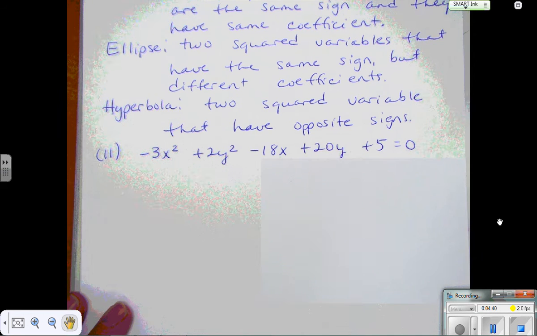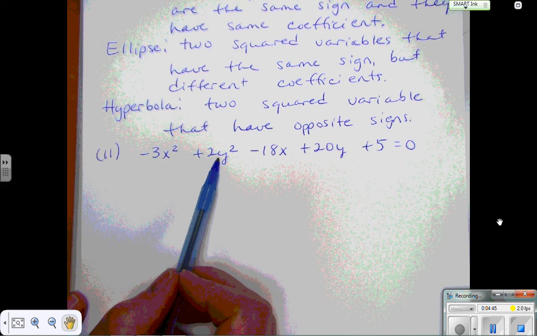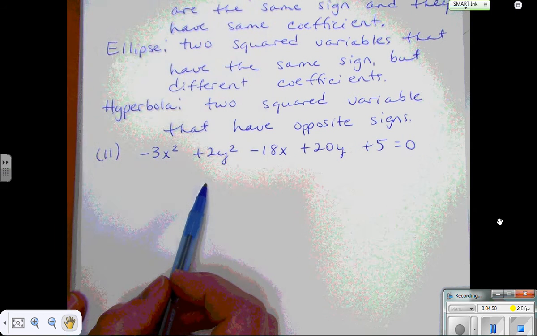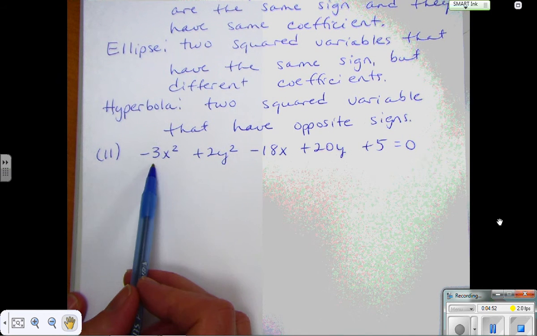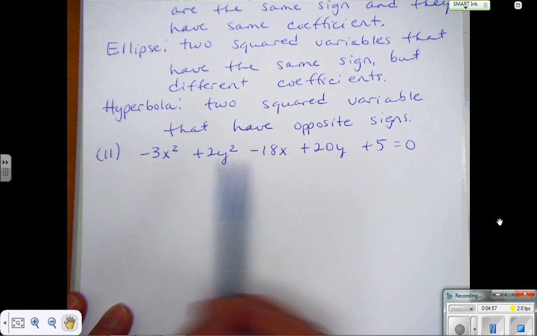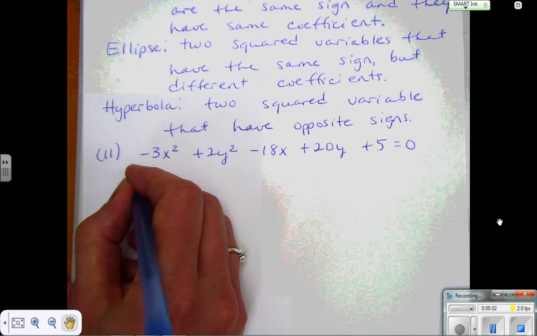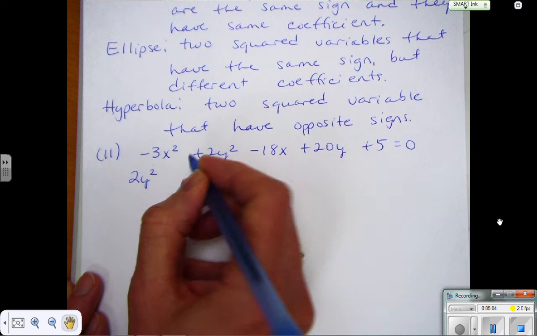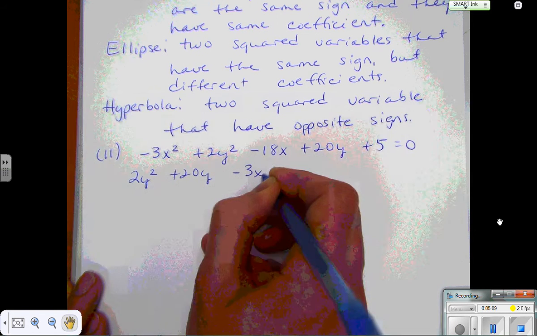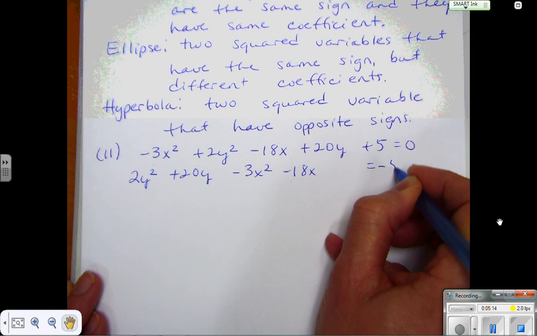Okay, so we know this is going to be a hyperbola because the x squared and the y squared have opposite signs. When I rearrange all of my variables, I want to put my y's together and my x's together. I'm going to write the x values second because that's going to be the negative value. And then I'm going to move this 5 over to the other side. So I'm going to start out with the y's. 2y squared plus 20y minus 3x squared minus 18x equals negative 5.